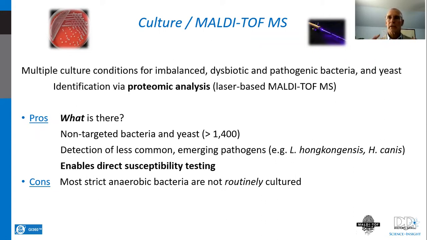That requires live organisms expressing their genetic and their phenotypic expressions. The cons: absolutely. Most strict anaerobic bacteria are not routinely cultured. Hence, you fall back to PCR for those.